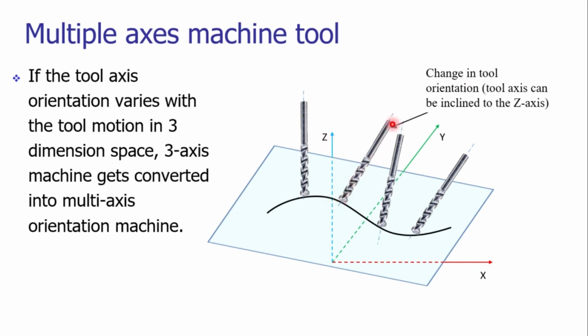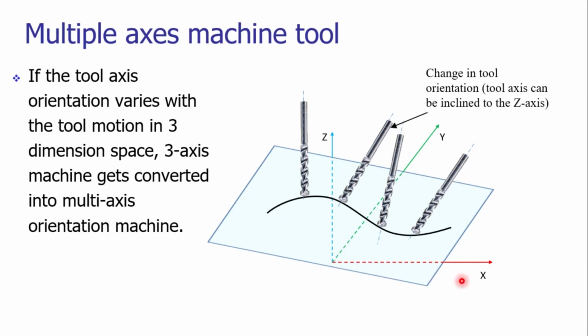So by giving inclination to the tool with respect to the Z axis, we are adding more axes to the configuration. To have this kind of facility, either we can give another drive to the spindle head or we can give another axis movement to the workpiece table as well.